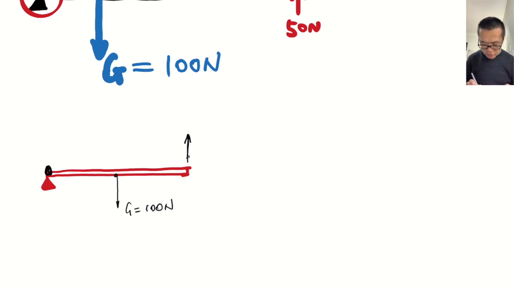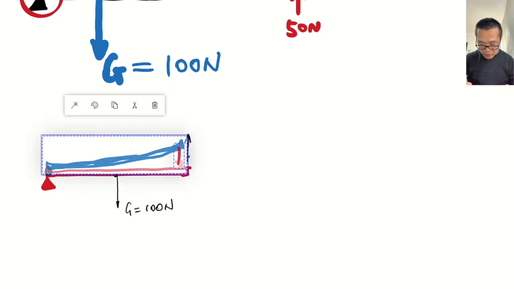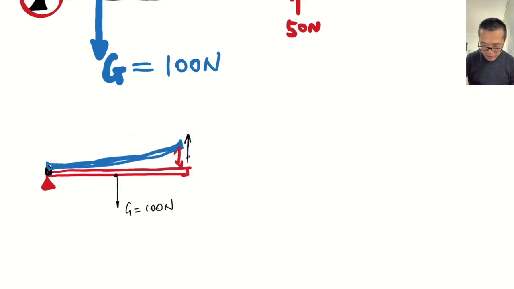It might start to bend a little bit, even though you might not be able to see it perfectly. You might see something like that. Of course, this is an exaggeration. So this bar will start to deform. And as you can see, the deformation at different parts of this bar is not going to be the same. You have a larger deformation at the end and smaller deformation in the middle, right?